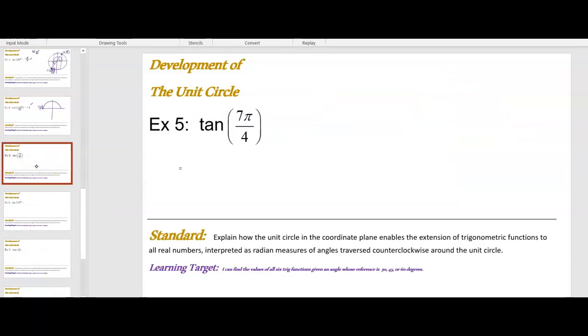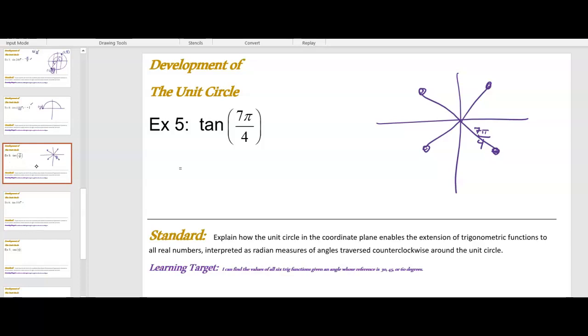Tangent of 7 pi over 4. All right, let's draw our unit circle. So remember, pi over 4, 3 pi over 4, 5 pi over 4, 7 pi over 4. When I see something over 4, it's one of them. 7 pi over 4 takes me into the fourth quadrant.